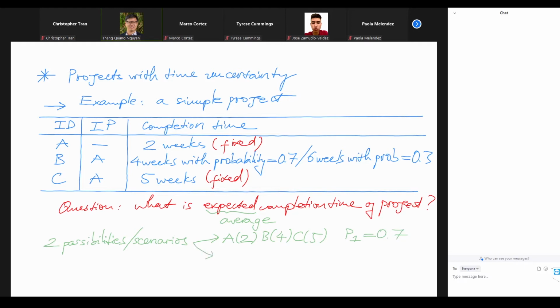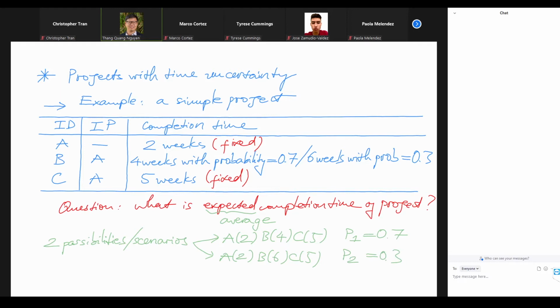Or in the second scenario, we finish A after 2 weeks, finish B after 6 weeks, and C after 5 weeks. The A and C do not change because they have fixed completion time, but B has a time uncertainty, so either 4 or 6 weeks. And this might happen with a probability of 0.3.